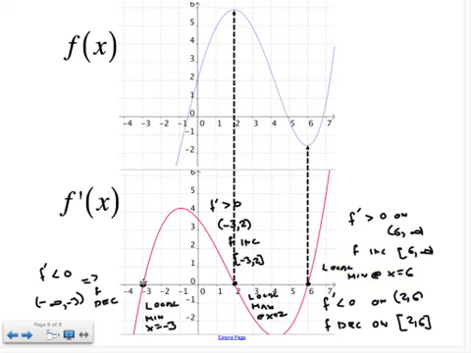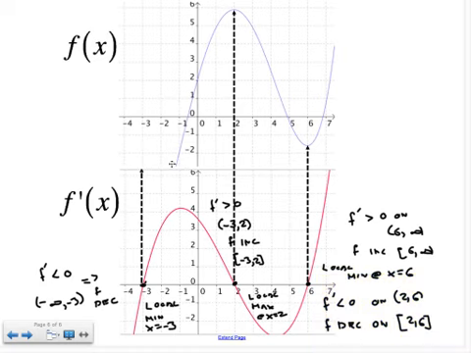Now, I said I would see a local min at x equals -3. Unfortunately, I didn't have enough space for this graph to be seen, but if this continued down, I would expect to see the local min at that spot. And take a look at the intervals we talked about. Bigger than 6, we should say f increased, and it is. Between 2 and 6, there we go, we said f should decrease, and it does.